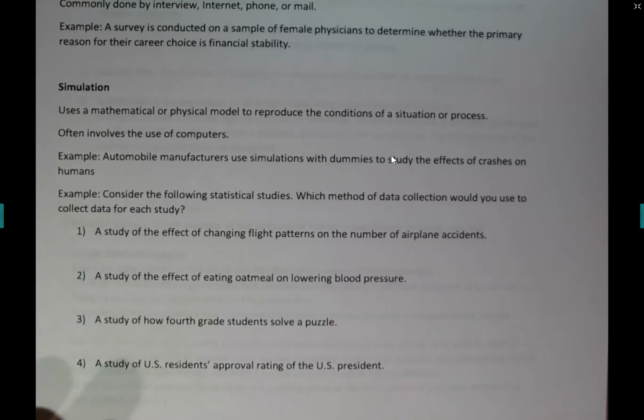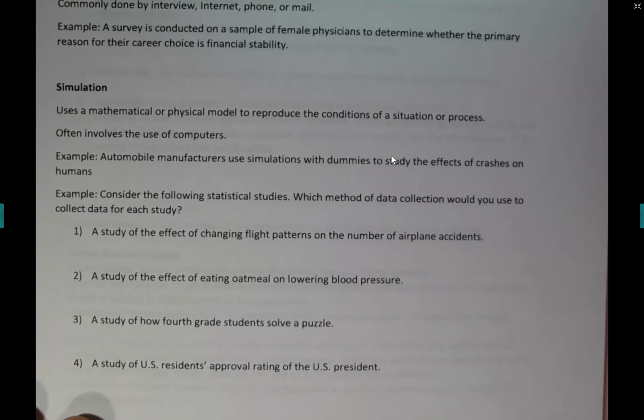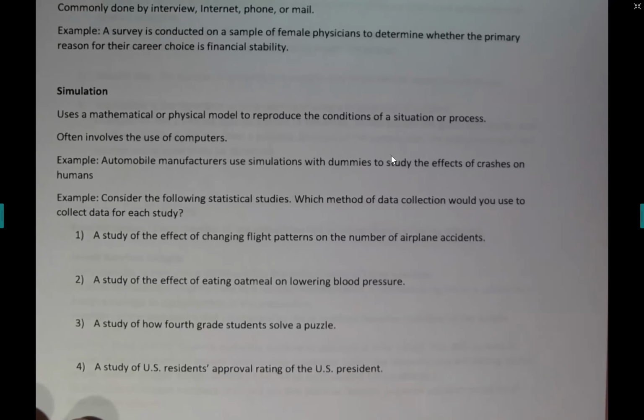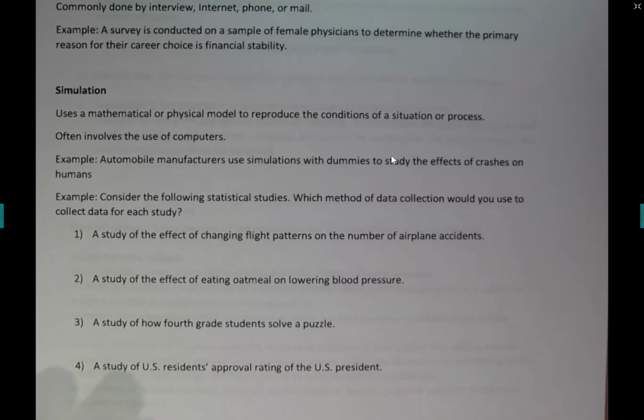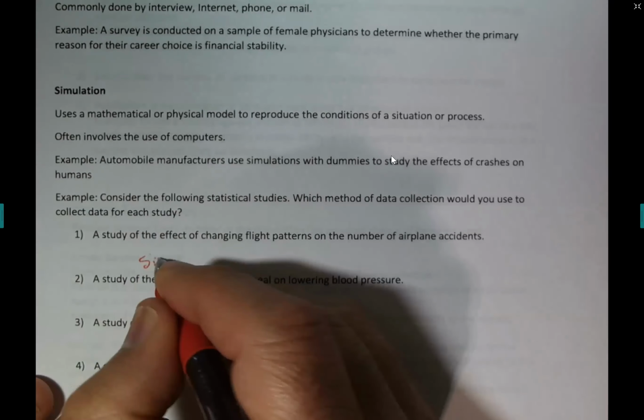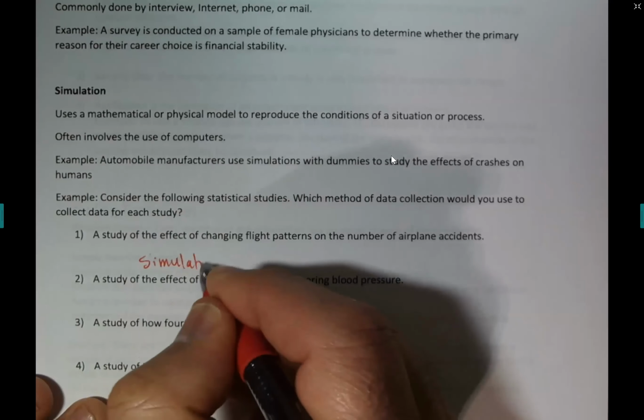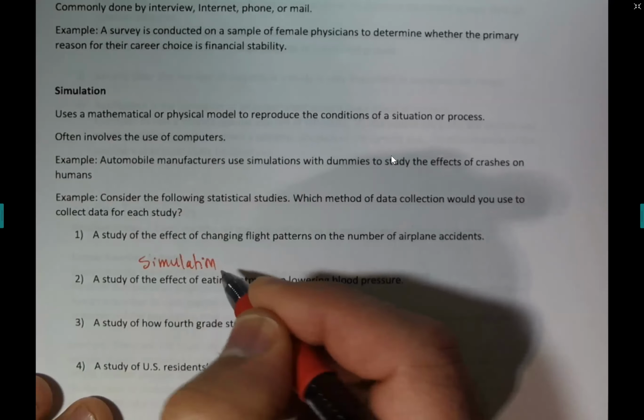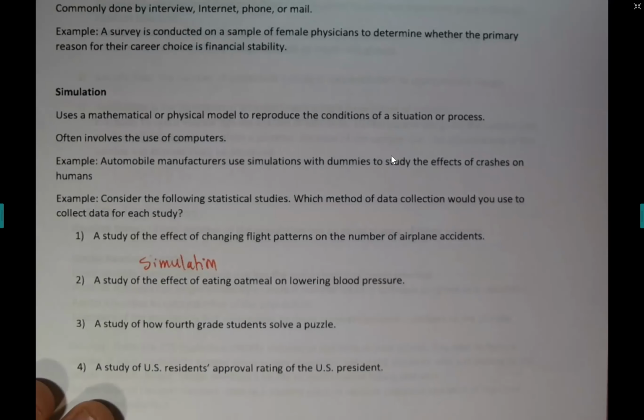Number 1, a study of the effect of changing flight patterns on the number of airplane accidents. Simulation. Yes. They're not going to put 2 planes in the air, guys, and have them collide just to see what's going to happen. So it's a simulation, a computer model.